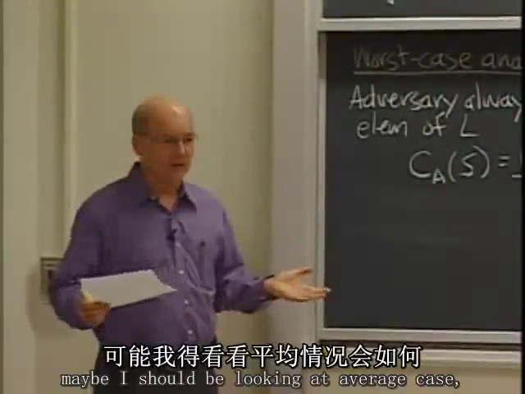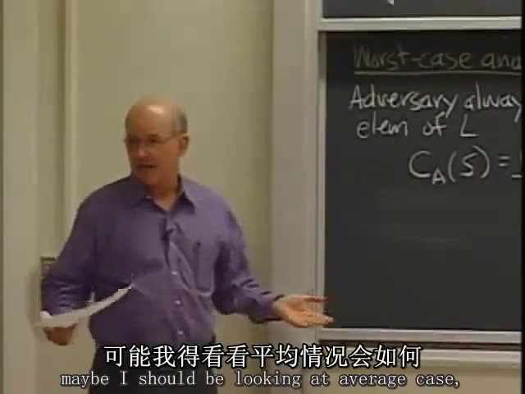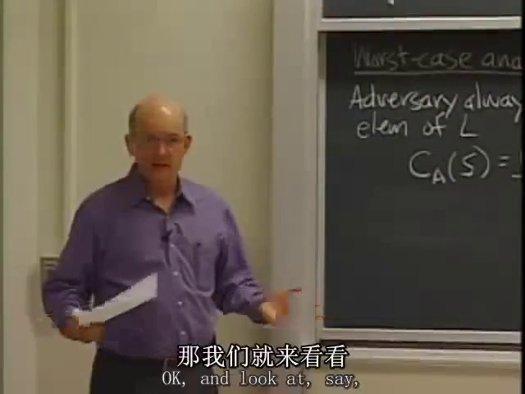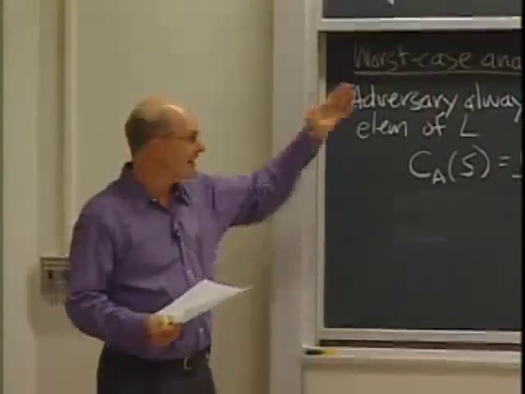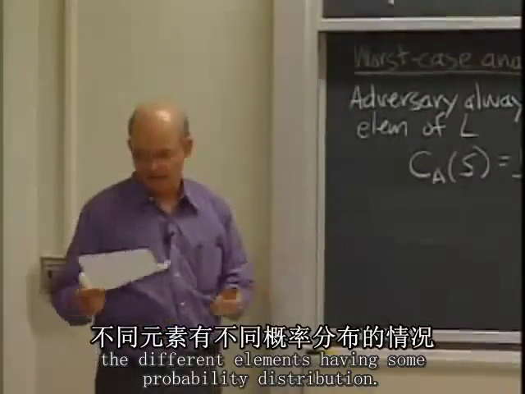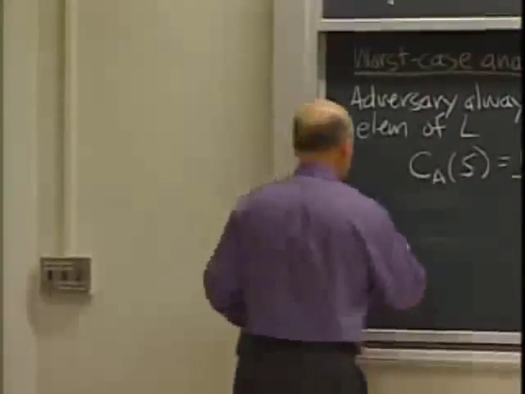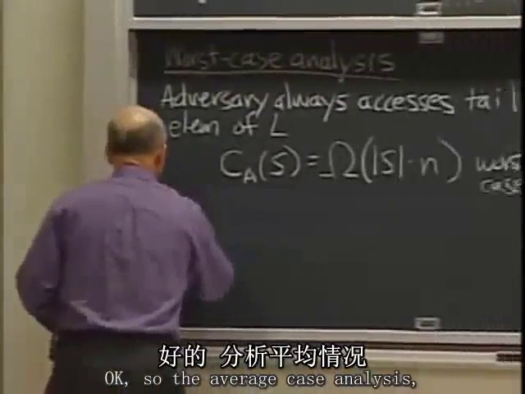maybe I should be looking at the average case, and look at, say, the different elements having some probability distribution. So let's do the average case analysis.